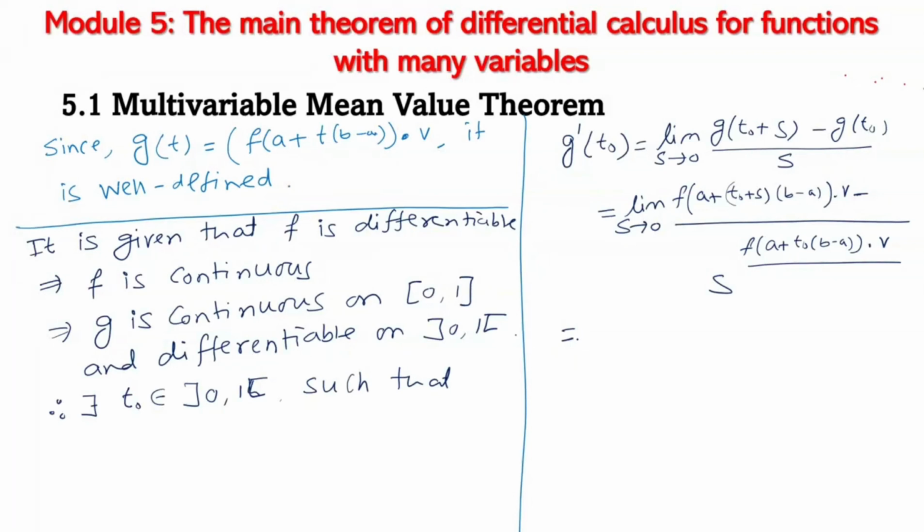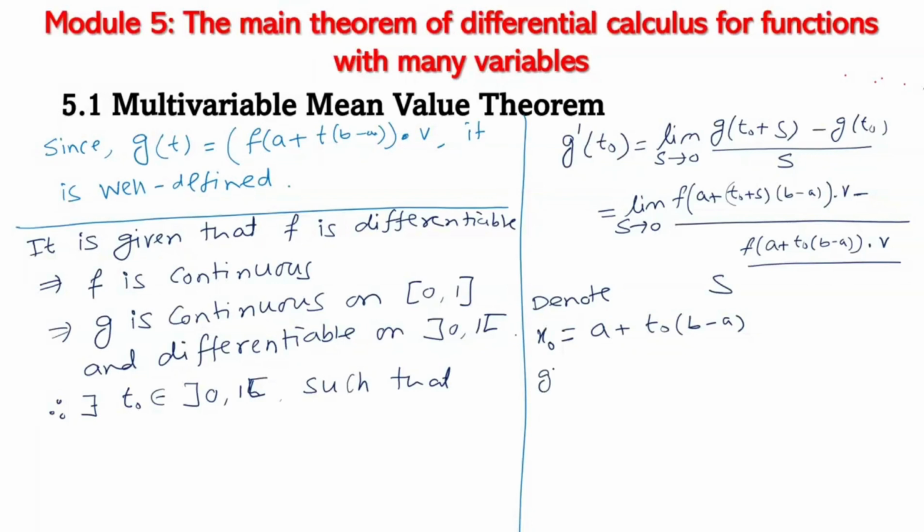So now for simplicity, let's denote x naught is equal to a plus t naught (b minus a).